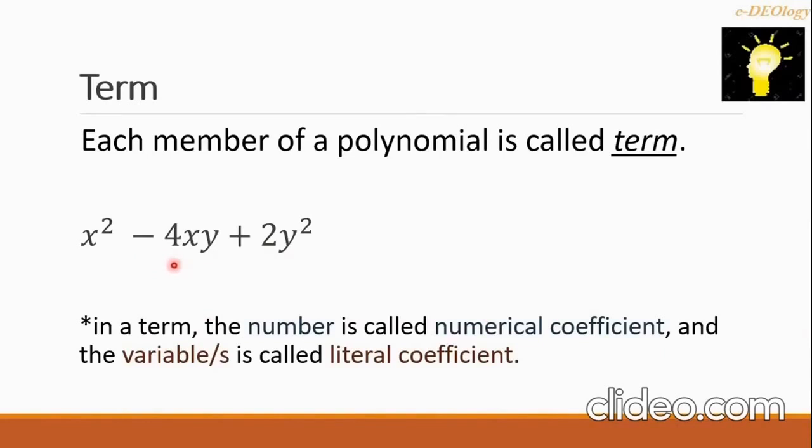The literal coefficient is xy. In the first term, the literal coefficient is x squared. There is no number here. A term without any number is understood to have a numerical coefficient of 1. So the numerical coefficient is 1 for the first term.